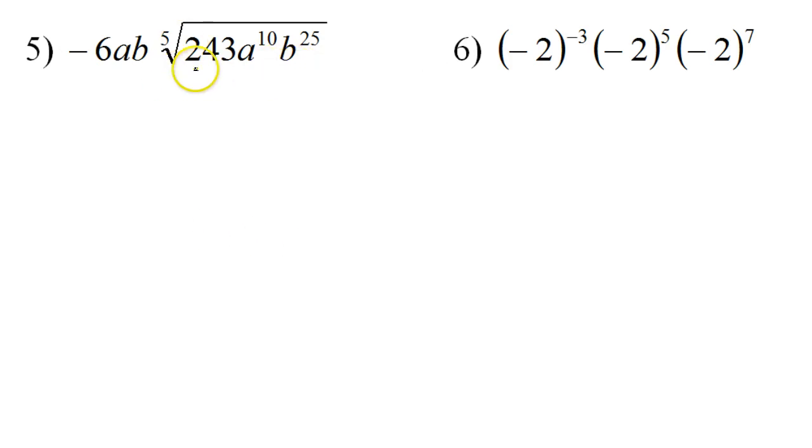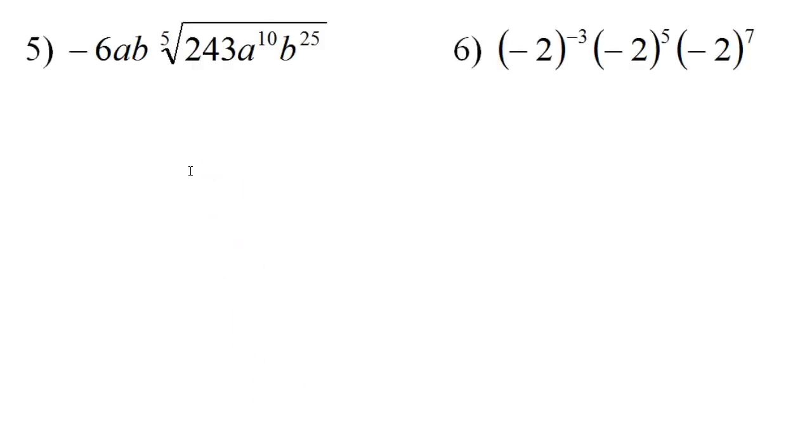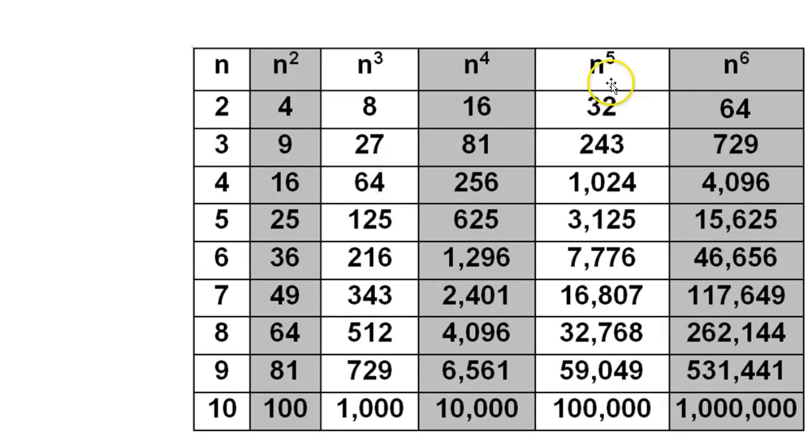Number 5. Alright, we have a lot of fifth root happening. Let's see, 243. Is that a perfect fifth power? Yes, it is. The fifth root of 243 is 3. Good to know. And in fact, all of these are perfect fifth powers, because for variables you just divide. So, wait, I already forgot what that was.